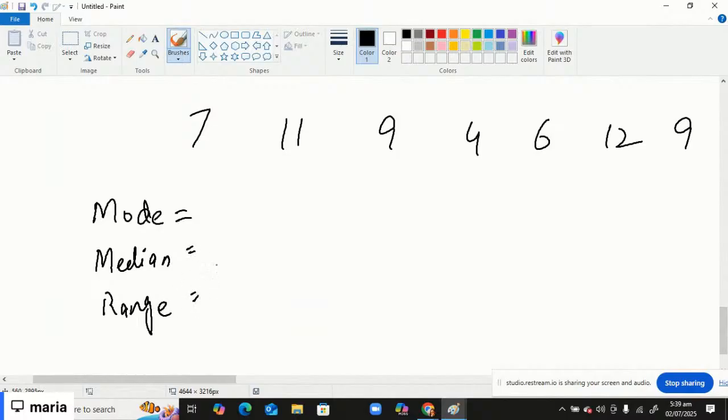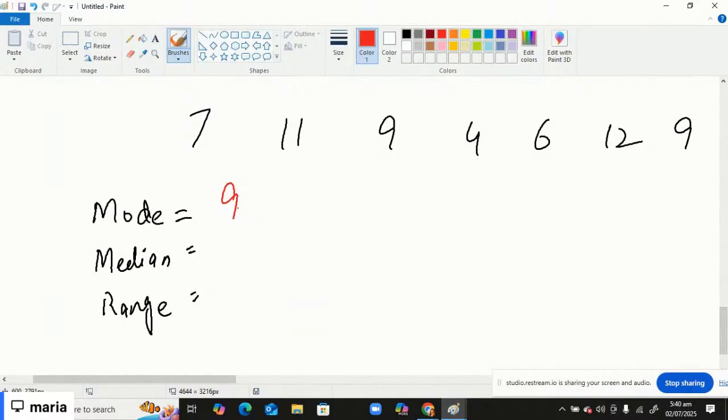First of all, what is mode? Everyone tell me in the chat. This is very easy. Your mode is the number that appears most of the time. That is 9. Your mode is 9.